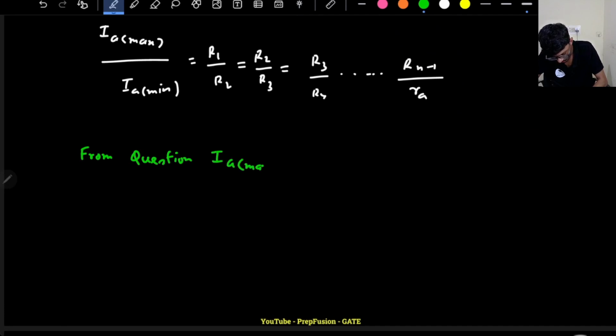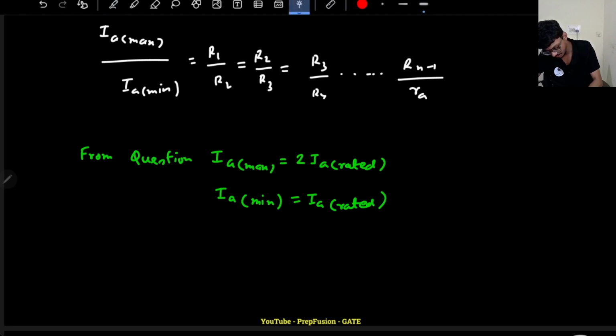So from the question, IA maximum is 2 times I rated, and IA minimum is IA rated, right? I can use this relation in this equation.